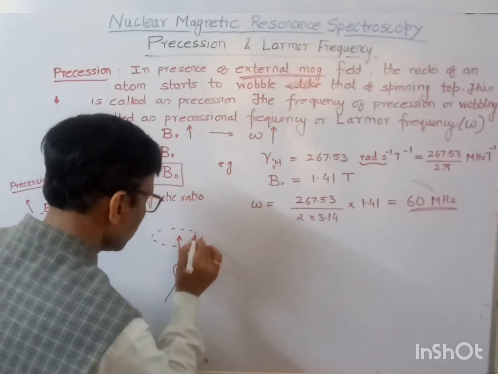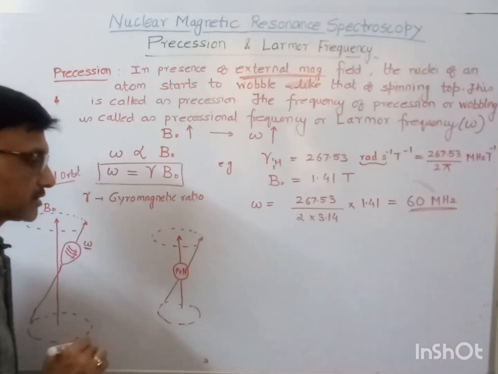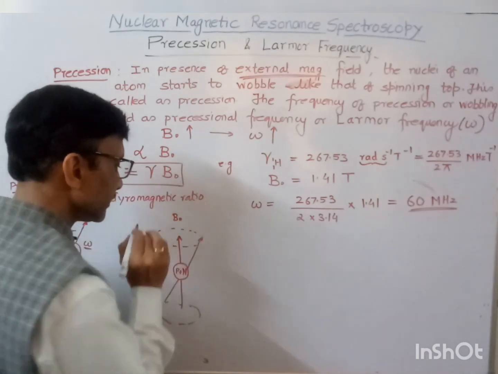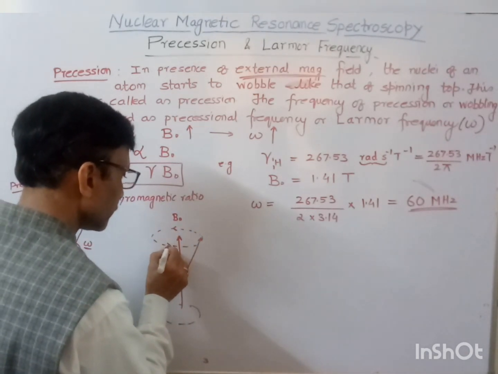This is also precessional motion for this nuclei, and this is the external magnetic field direction, and this is the direction of precession.